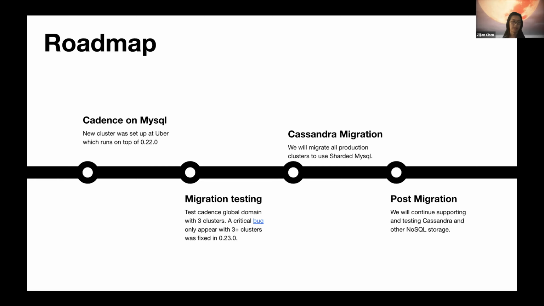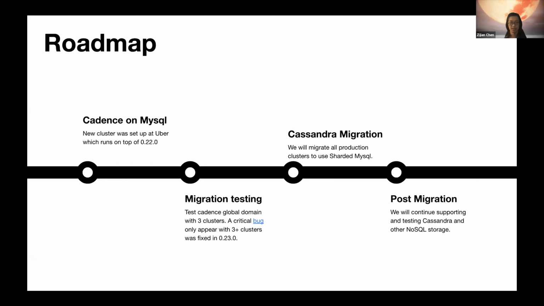We have been running Cadence at Uber for 2 years with only 2 clusters. We never ran Cadence with 3 clusters, so this is something we are testing. And we found a critical bug which only appeared with 3+ clusters. It was fixed in the 0.23 release.